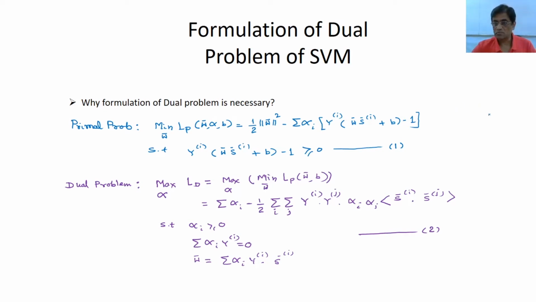Then we told you what it means. Since it is a quadratic optimization problem, due to the presence of this, I have the contour like this, and as many training samples as there are, that many constraints will be there.